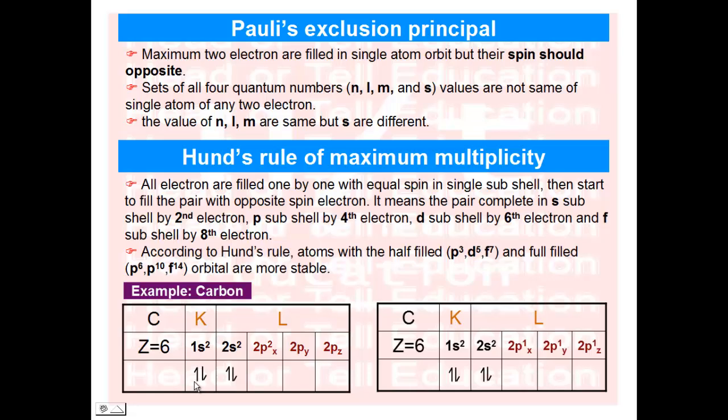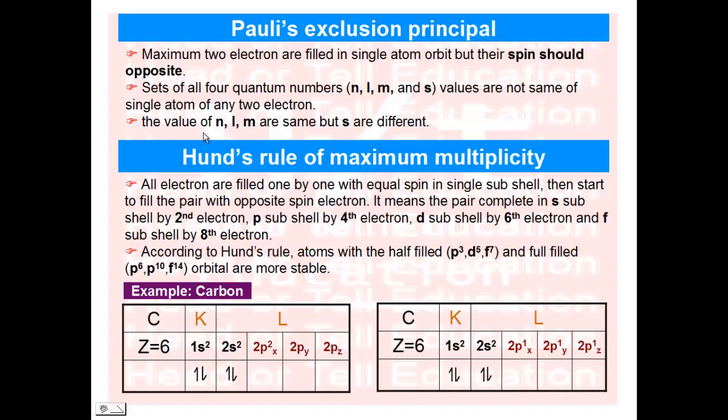So the first is clockwise, then the next is anti-clockwise. The set of all four quantum numbers, which are n, l, m and s, cannot have the same values for any two electrons of a single atom. So this is correct: in all levels of quantum numbers, every electron's values are different.